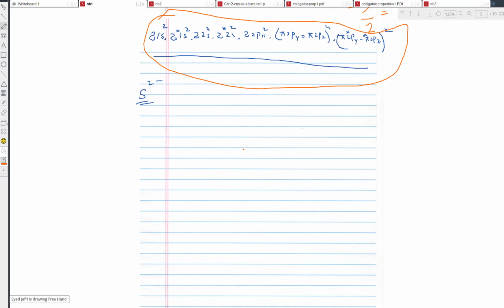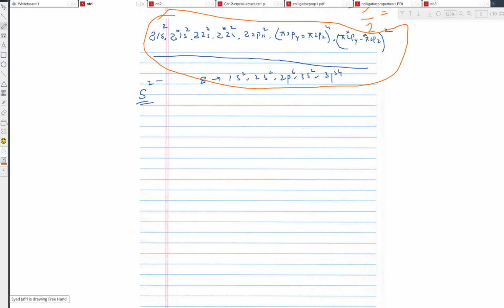For this, you don't have to write the molecular orbital theory. It's just a simple thing. For sulfur, I can write 1s2, 2s2, 2p6, 3s2, 3p4.